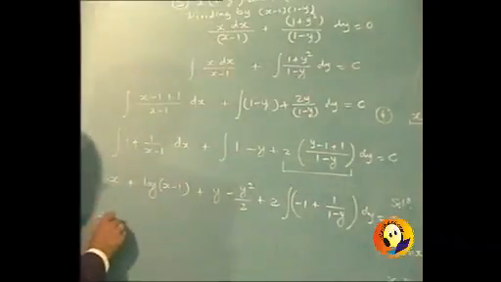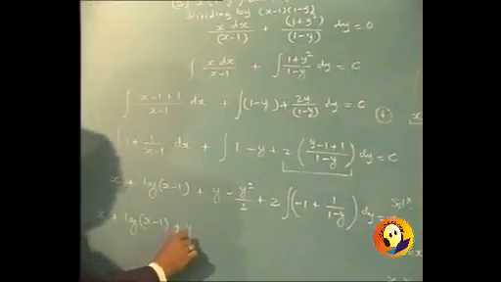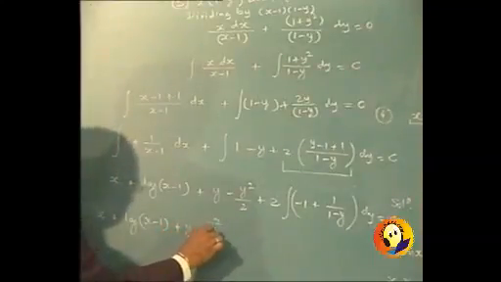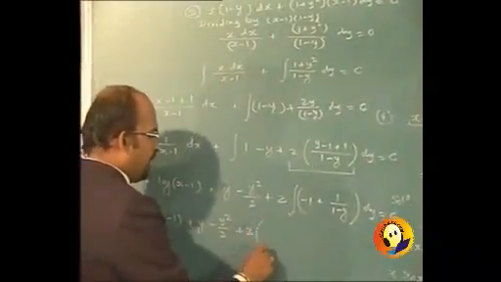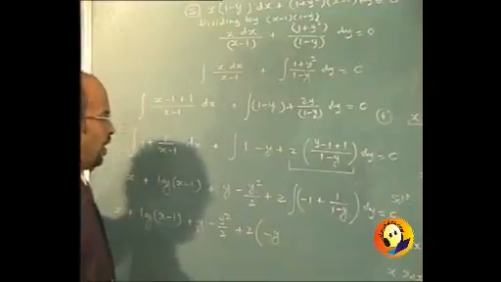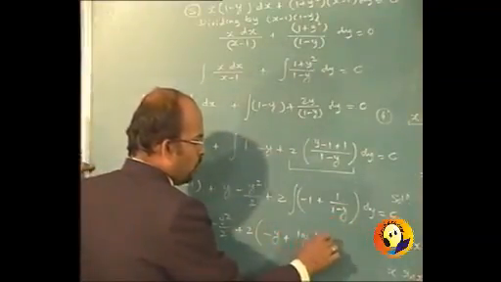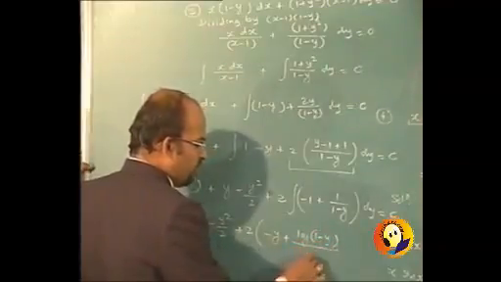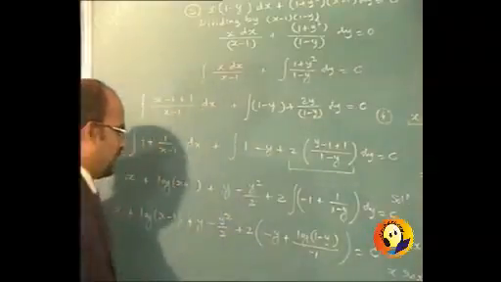So it will be x plus log of x minus 1 plus y minus y square by 2 plus 2, minus 1 will be integrated as minus y, and log of 1 minus y, but don't forget to divide by the coefficient of y, that is minus 1, equal to constant of integration.